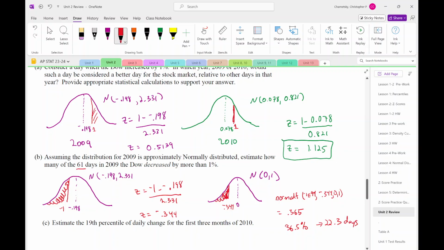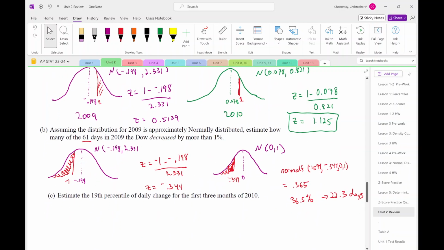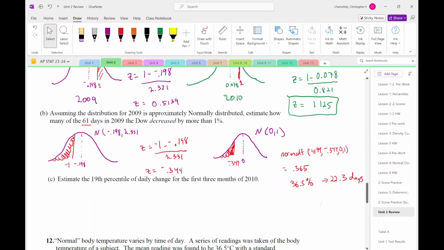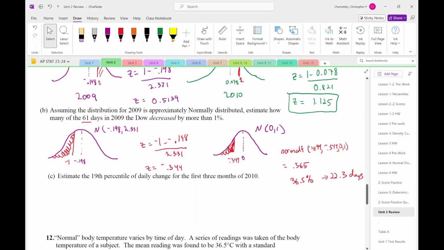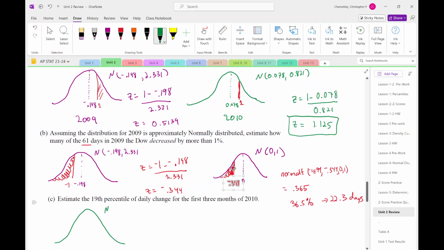Okay. Estimate the 19th percentile of daily change for the first 3 months in 2010. Okay, so in 2010, here's our normal curve. 0.078 for the mean, 0.821 standard deviation.